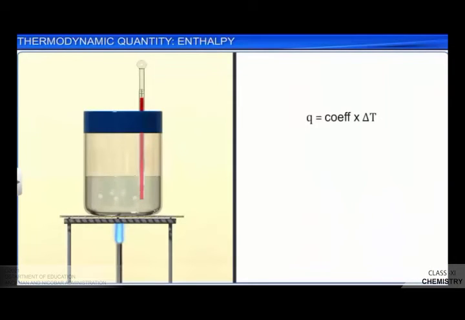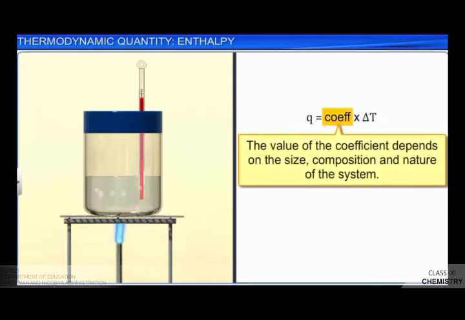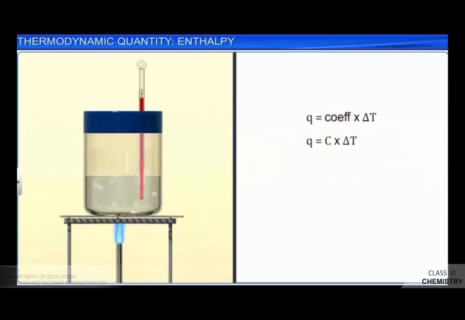The increase in temperature is proportional to the heat transferred, which can be written as Q equals coefficient multiplied by change in temperature, delta T. Note that the value of the coefficient depends on the size, composition, and nature of the system. The equation can also be written as Q equals C multiplied by delta T, where C is called the heat capacity of the system.